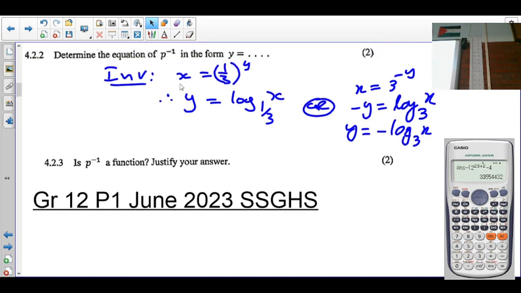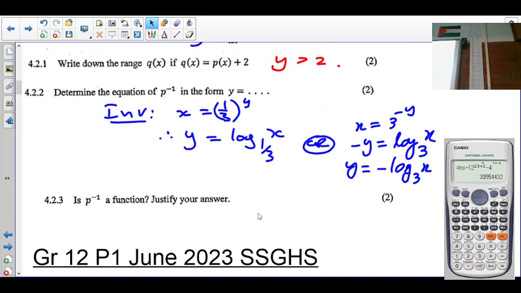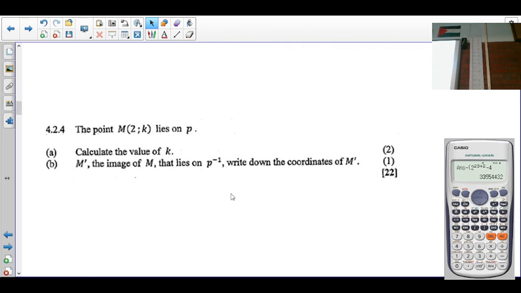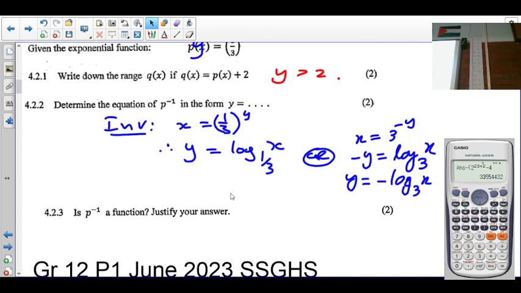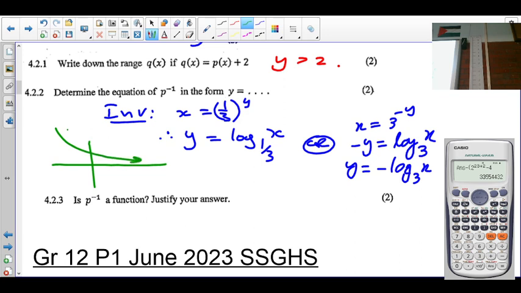The next question says, is the inverse a function? Okay, did I ask you to draw this graph here? No. If you draw this graph, then your p of x graph is going to be a decreasing function. Not so? This is p. And your inverse is your log graph, which is p to the minus 1.